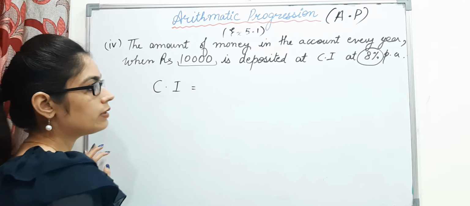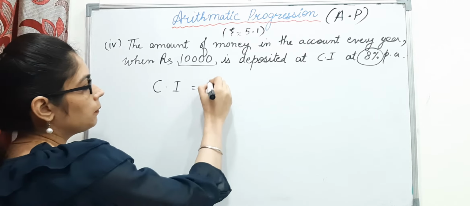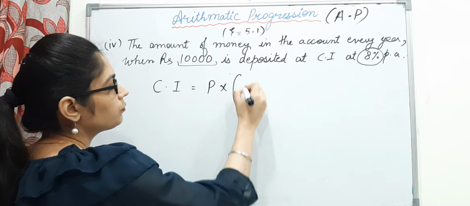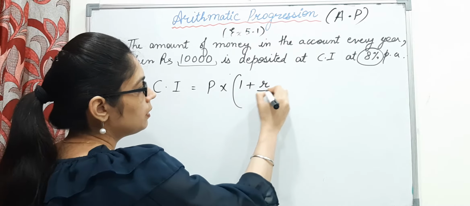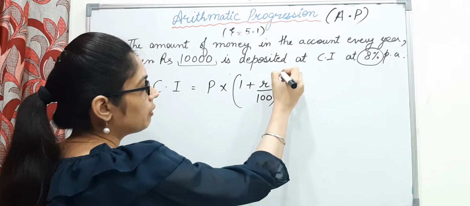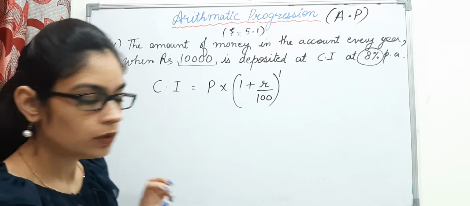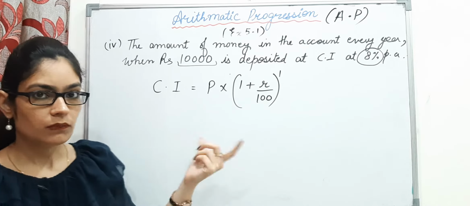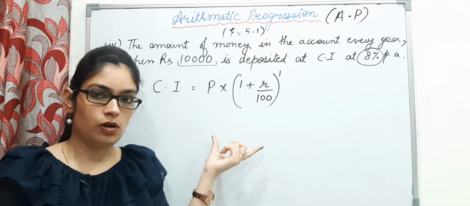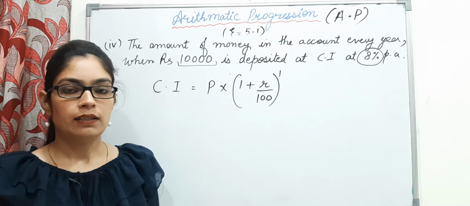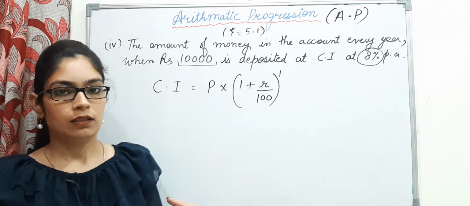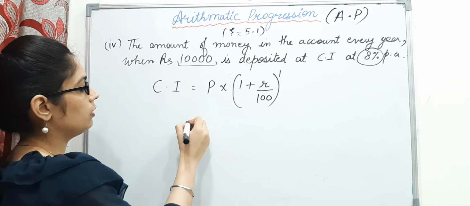So compound interest is equal to P into 1 plus R by 100, whole power its time. So this is the formula. We can use this formula and we can find the terms, like first term, second term, third. So let's find the first term.